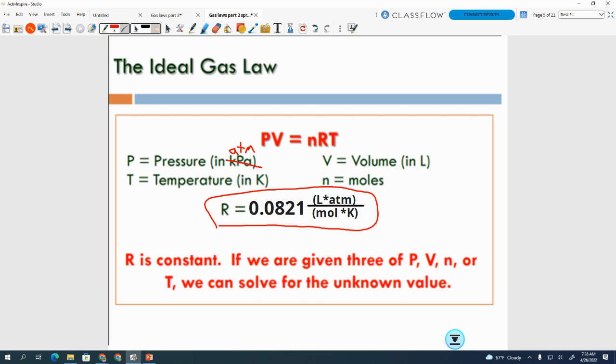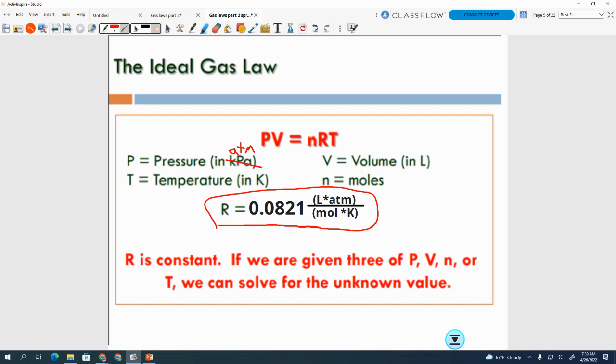So R is the universal gas constant. It allows us to solve for pressure, temperature, volume, or moles, depending on what we're missing. But the R that we're going to use is 0.0821 liter atmospheres over mole K. So if we are given pressure, temperature, and moles, we can solve for volume.